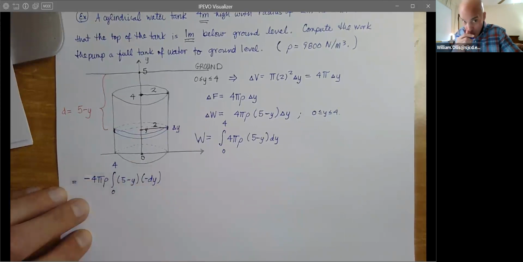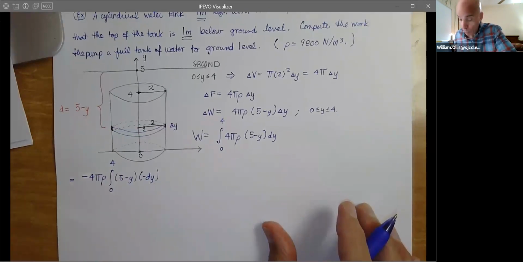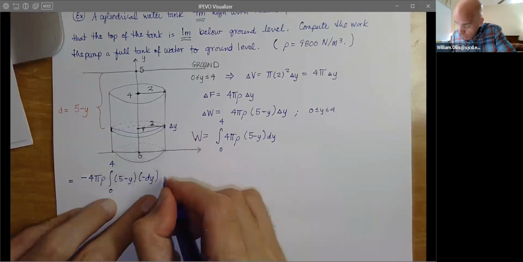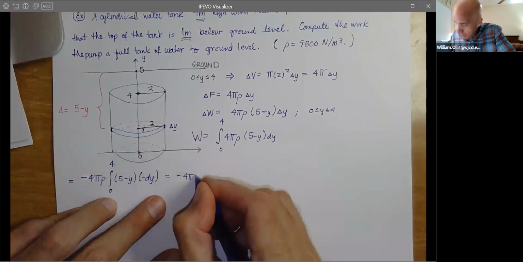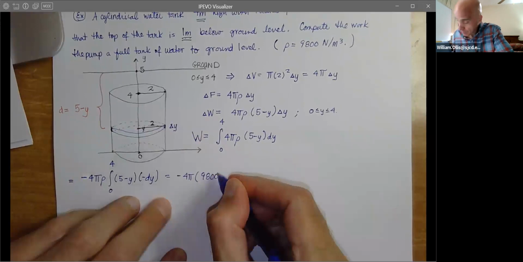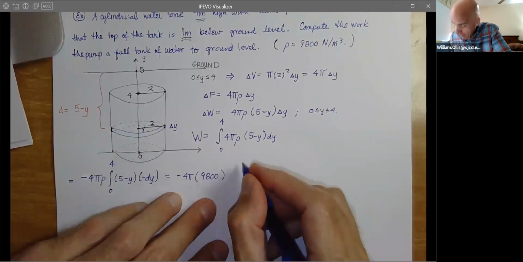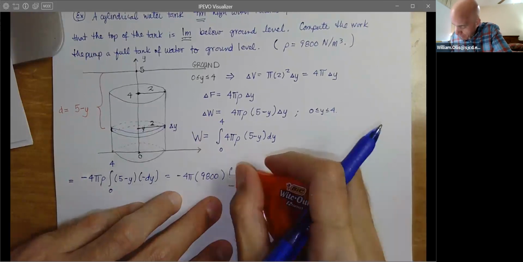And then, of course, pay for it, because we always have to do that using the linearity of the integral. So this will be negative 4 pi, and this will give us 9800 integral. Oh, well, we're ready.